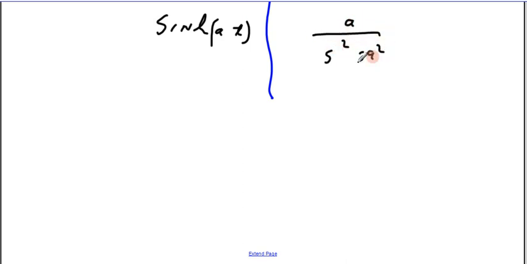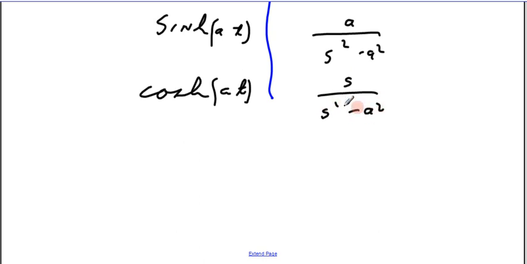So we have hyperbolic sine at, which is a over s squared minus a squared. Hyperbolic cosine is s over s squared minus a squared. And then we always have to throw some weird thing in.